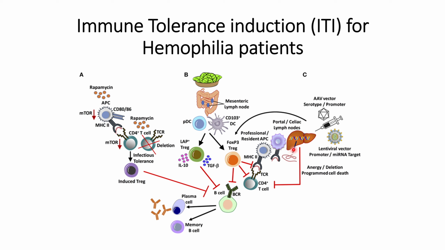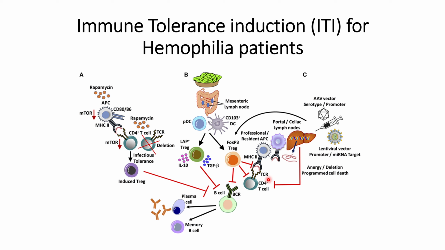This will also lead to the production of more factor 8, and simultaneously it will also contain the miRNA target to decrease the activation of CD4 plus T cells, and simultaneously promote or induce this FOXP3 Treg.